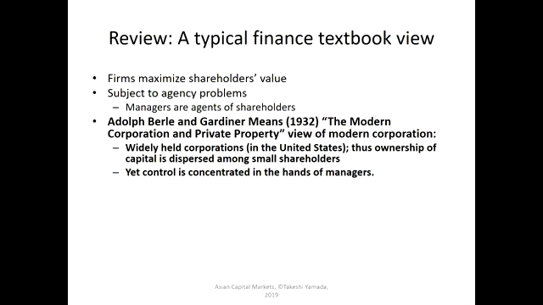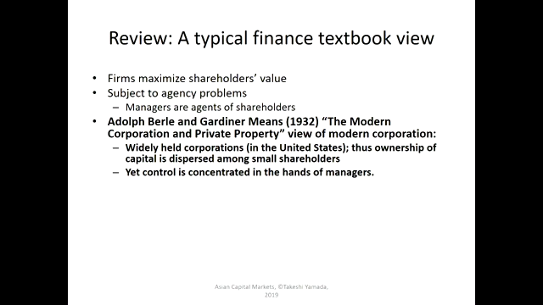And therefore, there's a separation between ownership and control, because the managers control the firm. So that's why managers are agents of shareholders. So agents may not behave in the interest of shareholders, sometimes. So that's why we call that an agency problem.